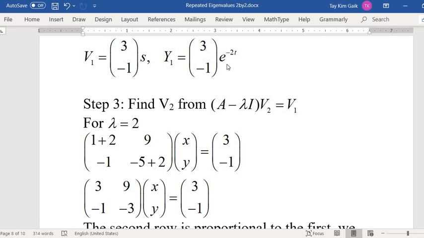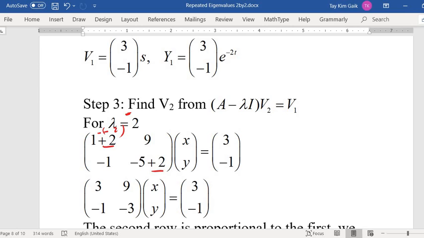To find v2, as mentioned in the previous video, you let A minus lambda I times v2 equal to v1, which is (3, -1). The left hand side is the same as in step 2, because lambda is negative 2, so minus negative 2 gives plus 2. So you get 3, 9 in the first row and negative 1, negative 3 in the second.